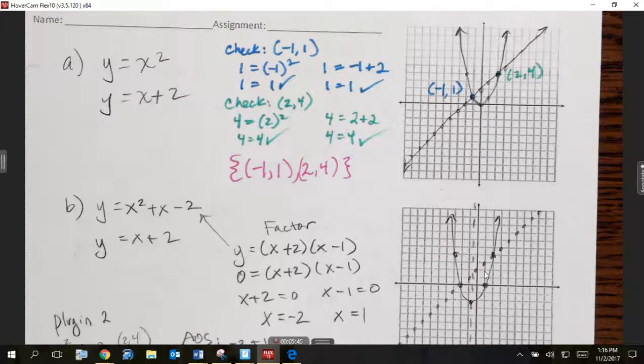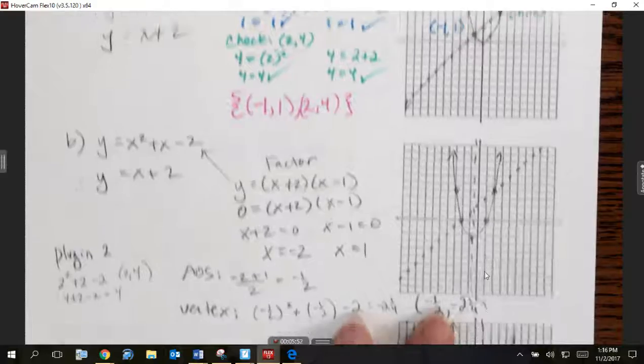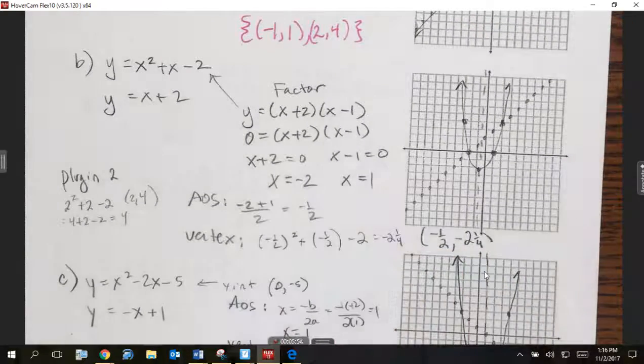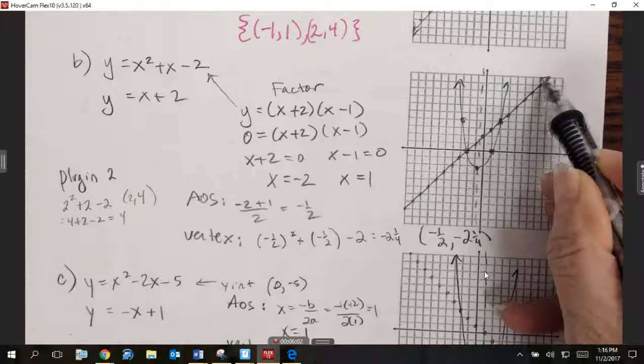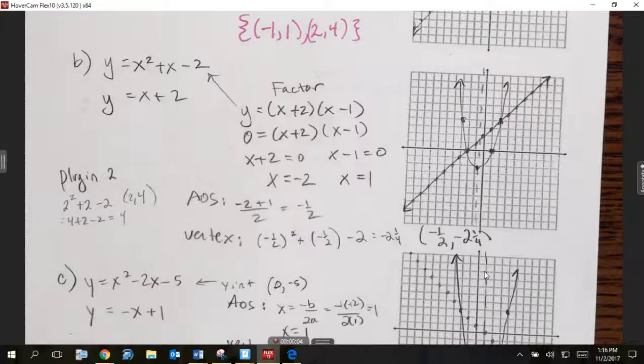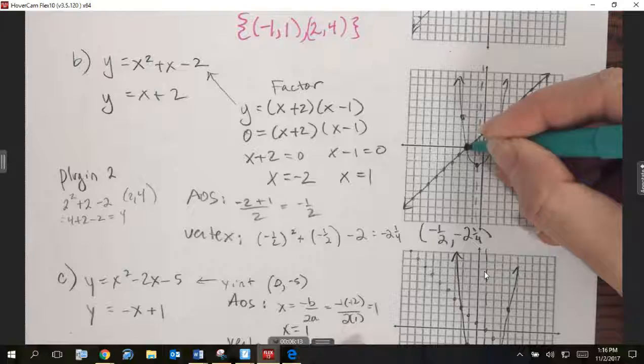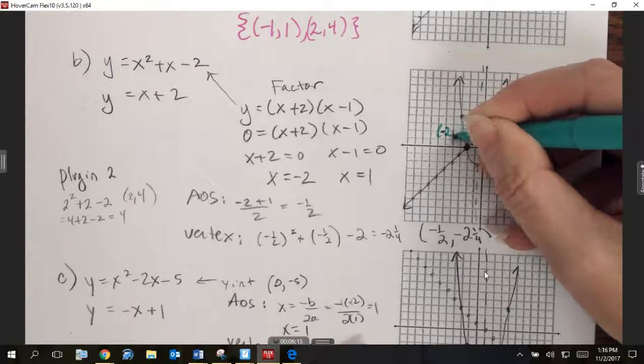So let's pick another one. Question B. Look at the graph for question B, which you guys graphed for your assignment. Mine's kind of light. Where do you think there is a solution for question B? David. David thinks -2, 0.